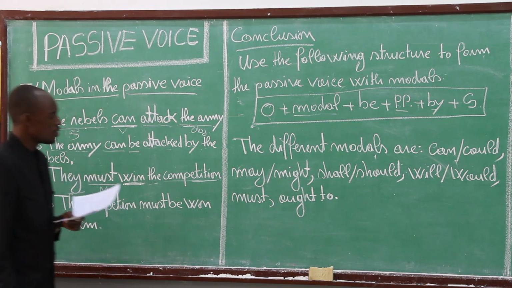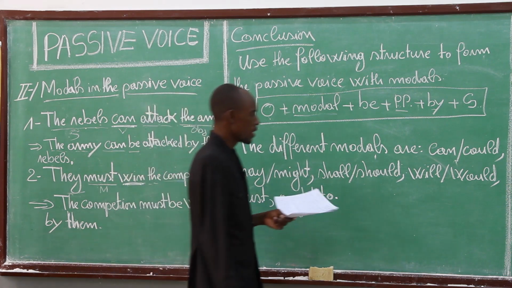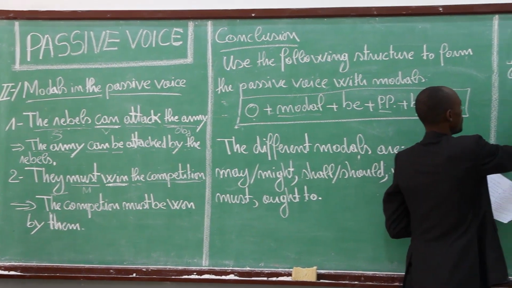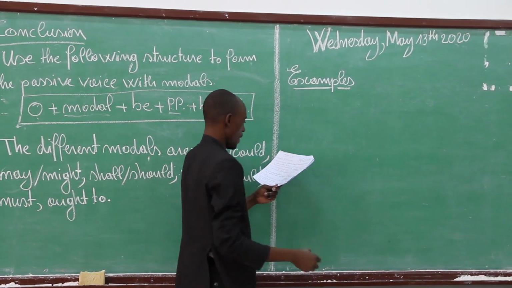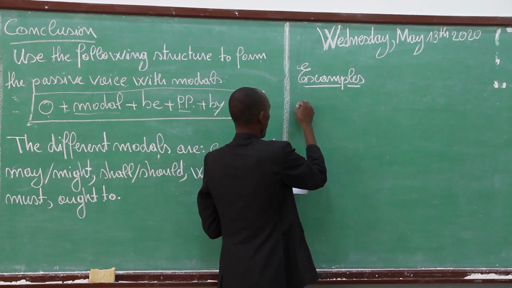Now, let's take other examples with modal verbs. We can write here: examples. We have one.